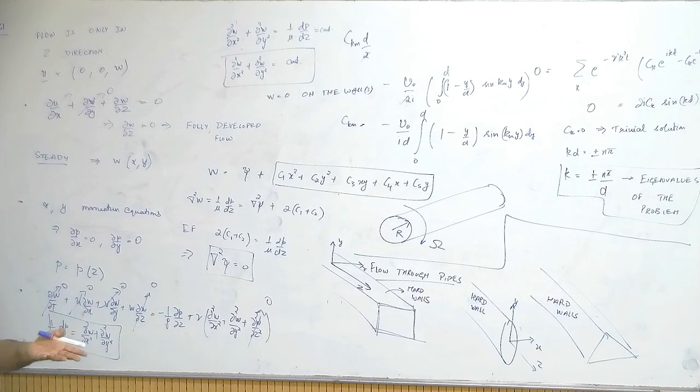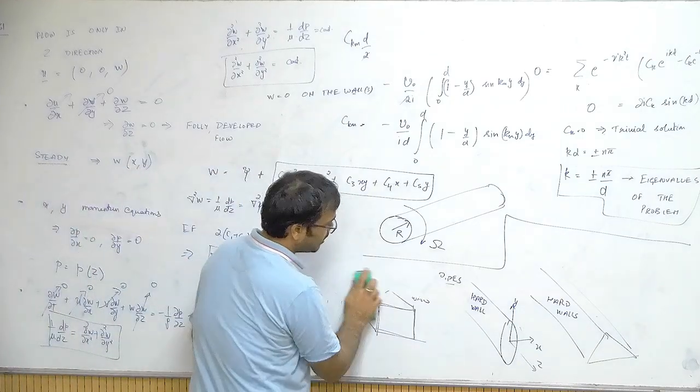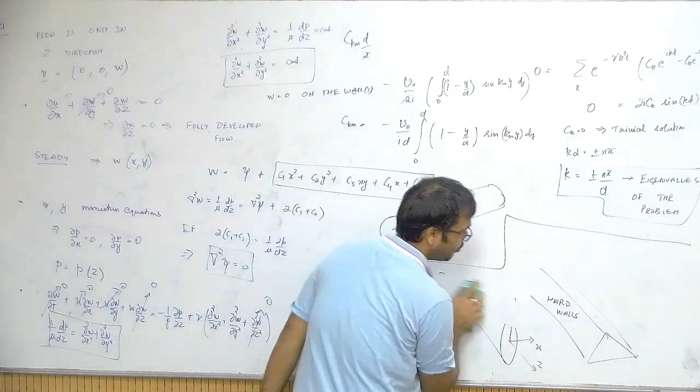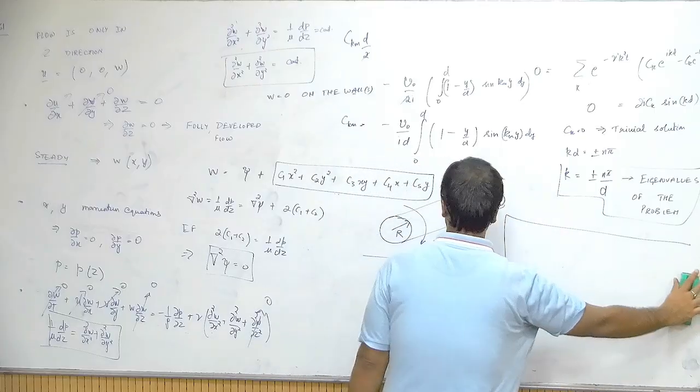If it is twice differentiable, its real and imaginary parts satisfy this equation by definition. We will look at that when we look at potential flows later on, but for now I will just mention it and not prove it. If you want the proof, you can go through the notes that I have uploaded.